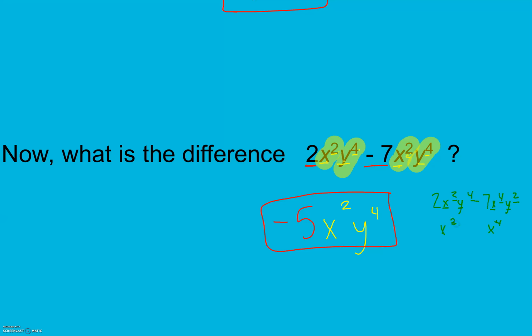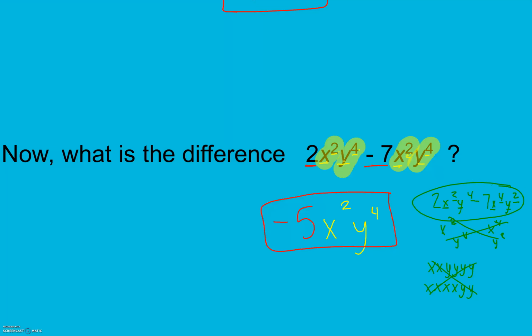Since those aren't the same, we can't do it. Y to the 4th, y squared. Since those are not exactly the same, we can't do it. So it's not just all the pieces, it has to be the exact same thing. Like if we listed them all out, x squared y to the 4th is not the same as x to the 4th y squared. So since those aren't the same, we can't add those up.